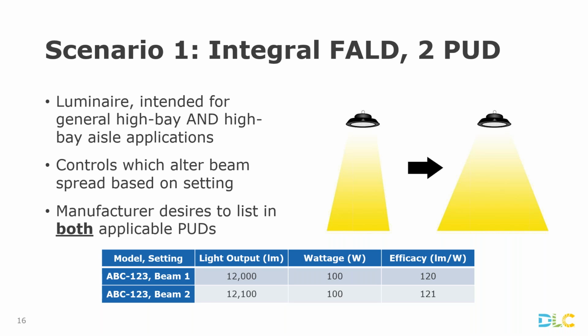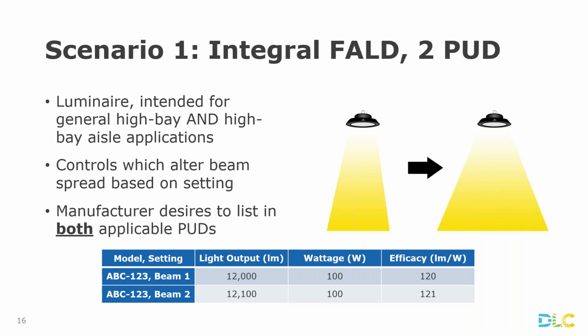For purposes of this scenario, let's also imagine that the manufacturer and applicant to the DLC would like this luminaire to be listed in both of those applicable primary use designations, corresponding with how they intend the product to be used. There's a little graphic cartoon trying to describe what the beam adjustment is, and then the scenario describes an assumed performance of this product.